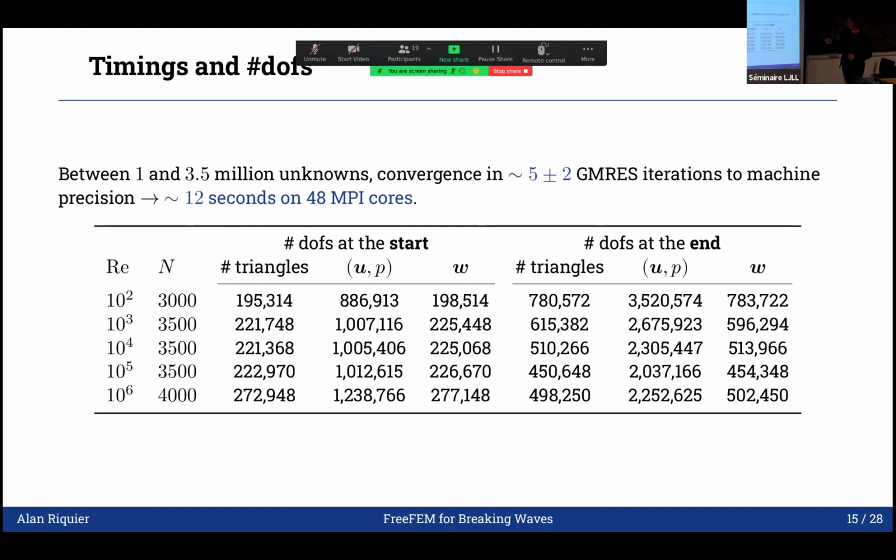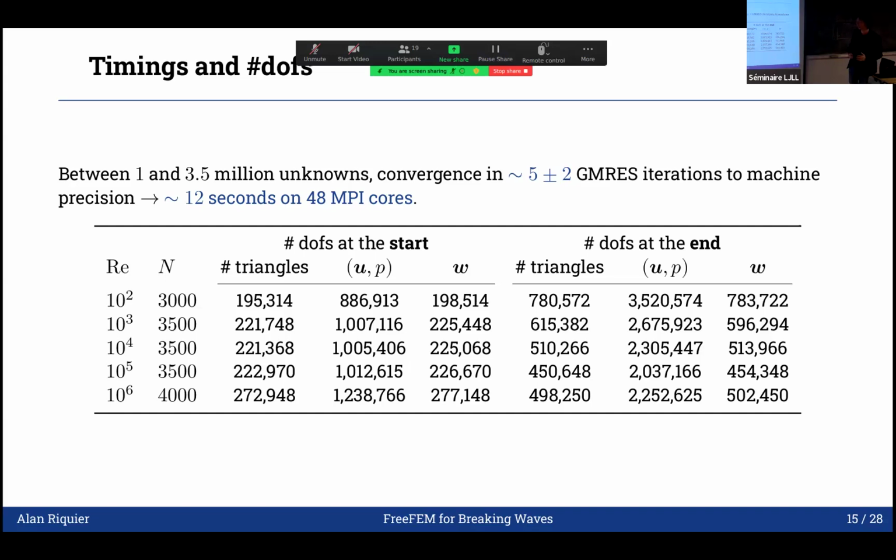So I did 5 numerical simulations with the Reynolds number ranging from 100 to 1 million. I increased a bit the number of interface points. And as you will see, the number of degrees of freedom will increase, because in order to capture the curvature of the interface, we will need more and more triangles near the tip of the wave, near the crest.